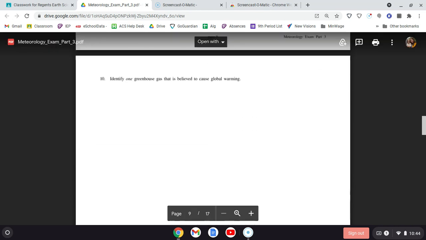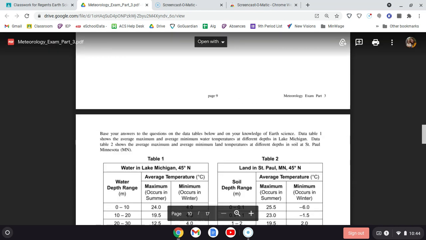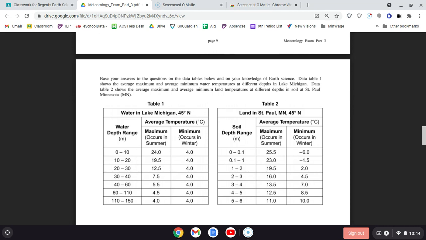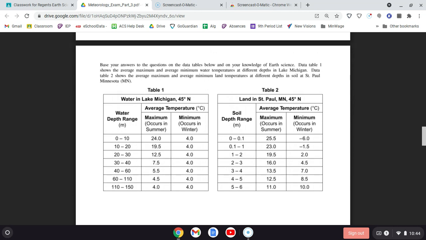And then number 11 gives us a data table that shows the average maximum and average minimum water temperatures at 2 different depths in Lake Michigan. Data table 2 shows the average maximum and average minimum land temperatures.